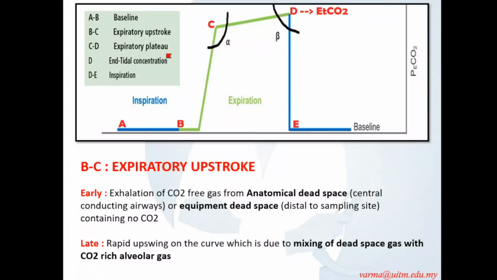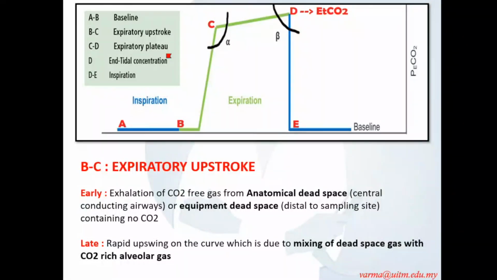Carbon dioxide from your blood comes in your venous circulation, goes into your right atrium, right ventricle, and via the pulmonary artery into your pulmonary circulation. This is CO2 rich blood. Then it gets gas exchange in your alveoli.